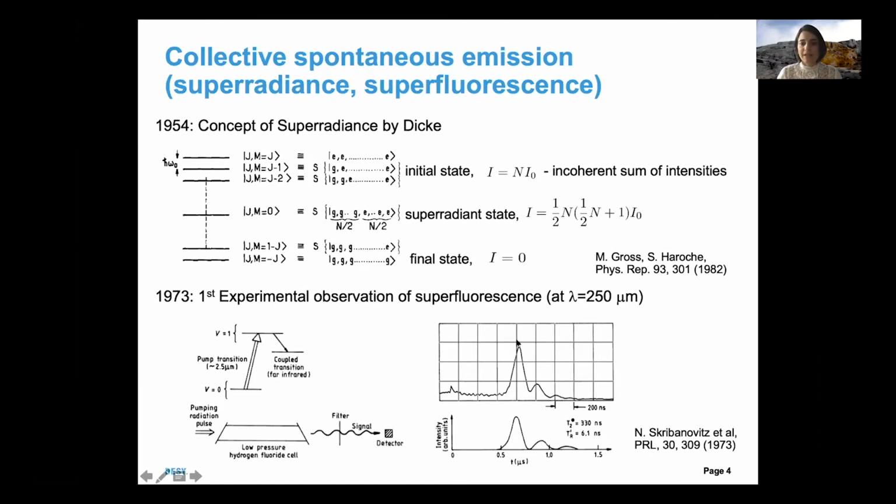You have a delayed emission and a peaked emission. This emission peak is a very strong peak. It scales with the number of atoms in the sample squared. So it scales quadratically. And it fluctuates from shot to shot. So this delay time, this peak, and this intensity profile fluctuate from shot to shot.